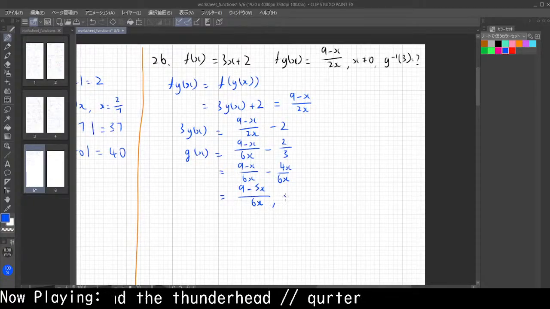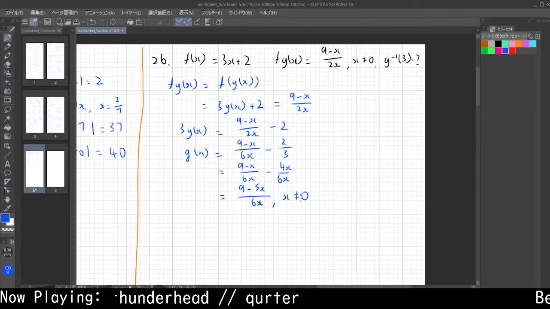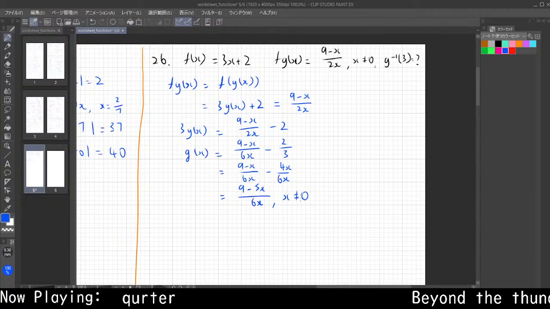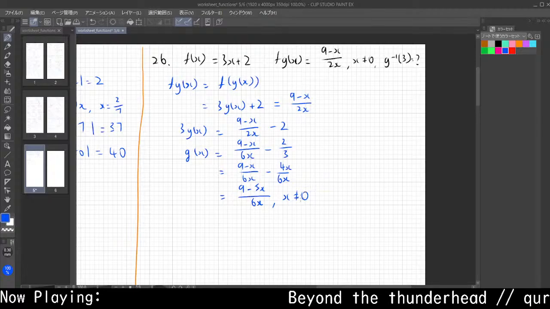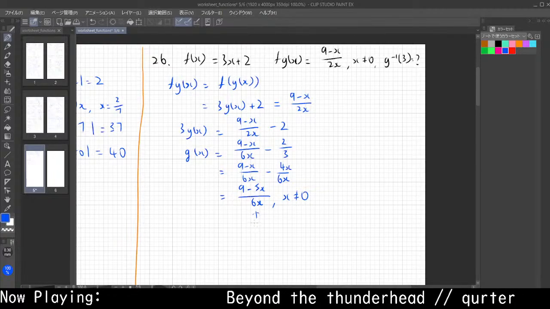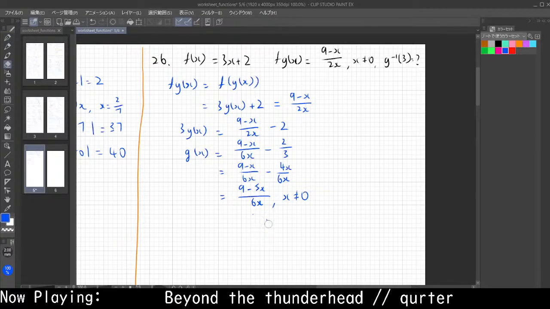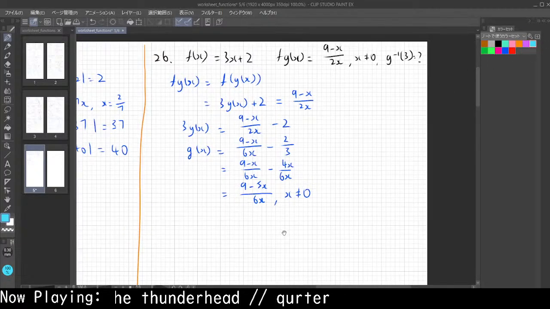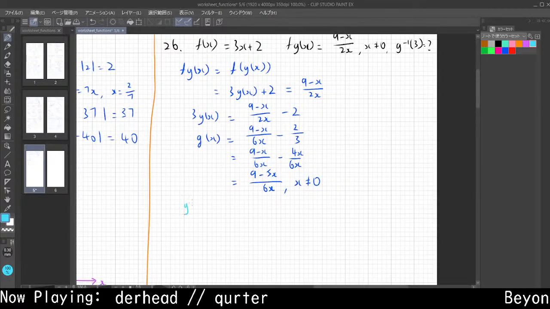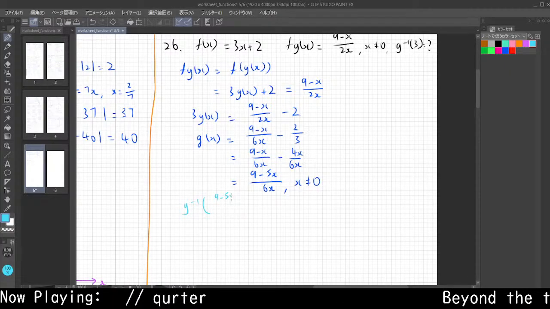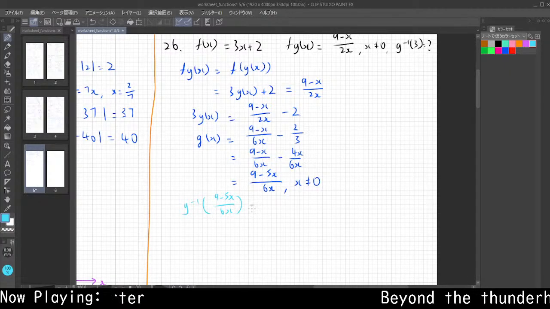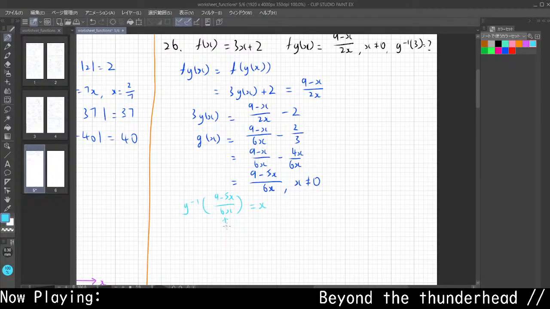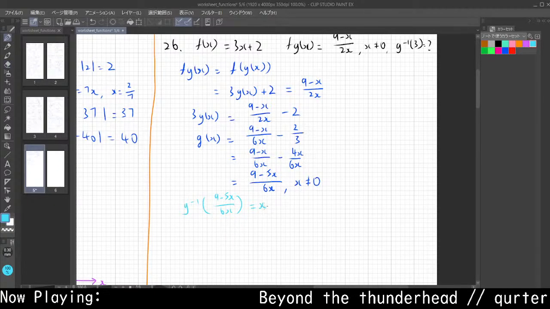Okay, x not equal to 0, by definition, because of the denominator. g inverse 3 is the same thing as finding when this equals 3. To demonstrate this, it can actually be written like this: g inverse of (9 minus 5x) over 6x equals x. I can let this be equal to 3, then the x that I find will be the result.